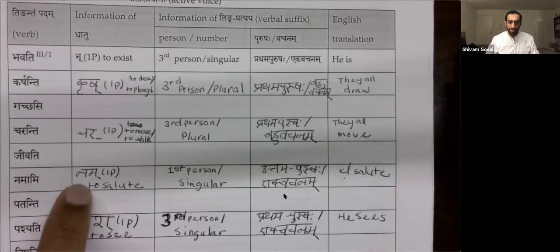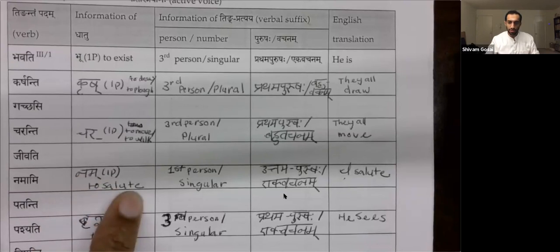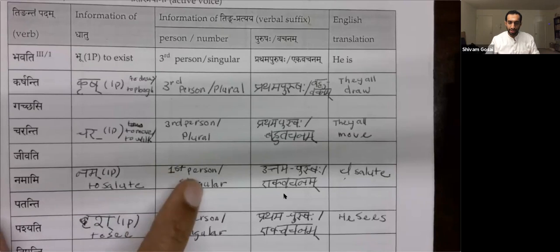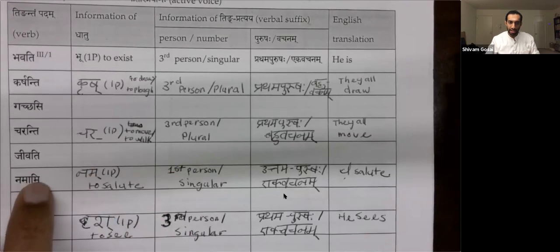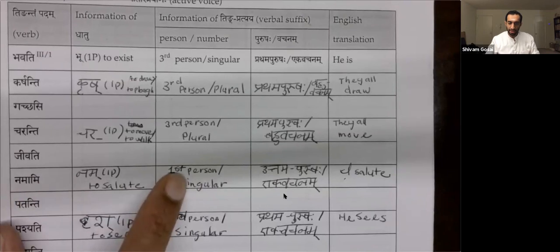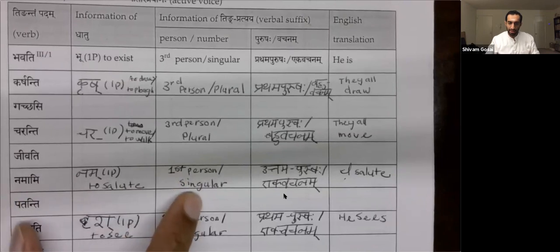Nama, anga comes from the dhatu nam, 1P, to salute. That's first person, right? Because I see that ami, I see that mi. That mi tells me it's first person and singular.